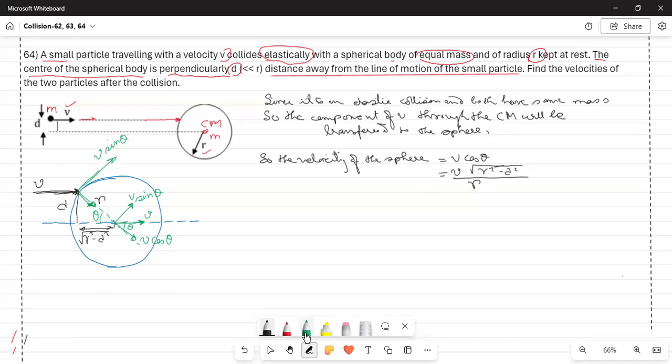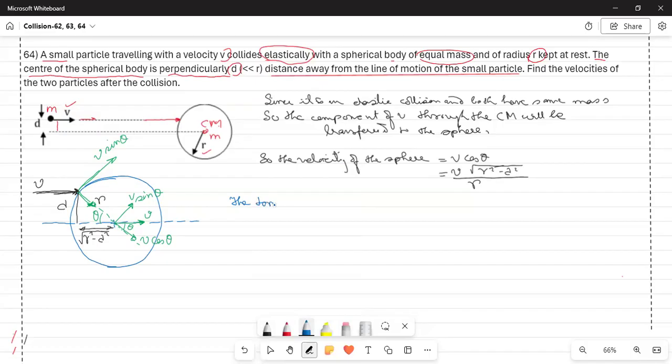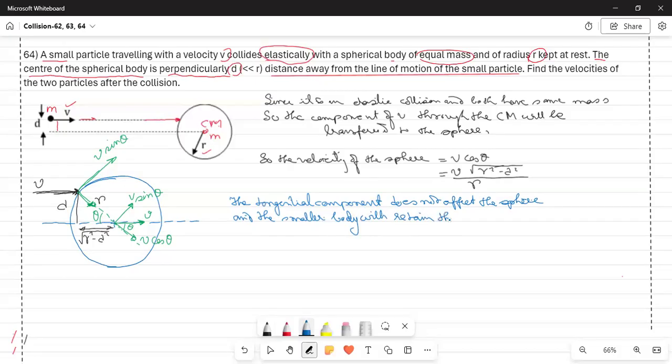And the tangential component does not affect the sphere, and the smaller body retains this component of velocity.